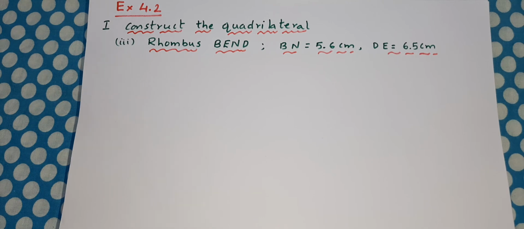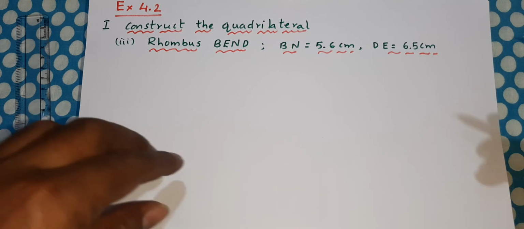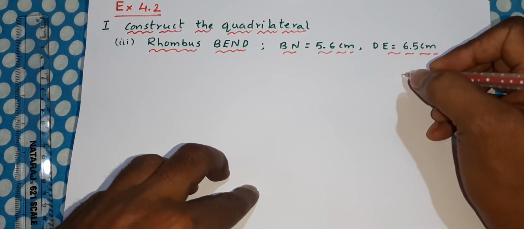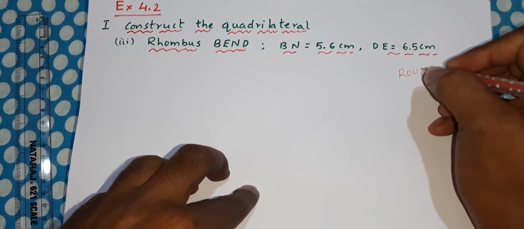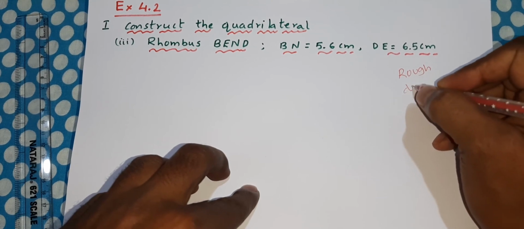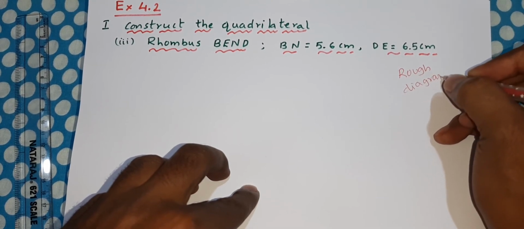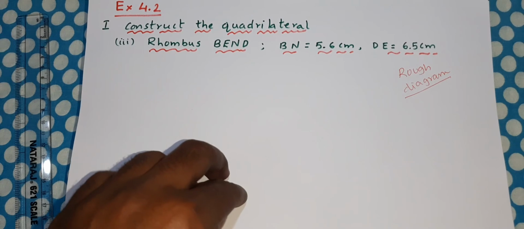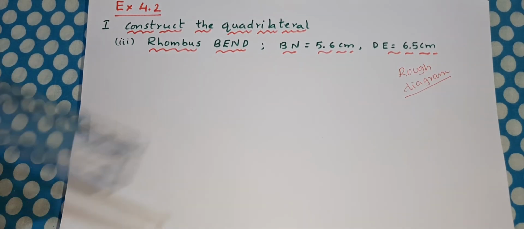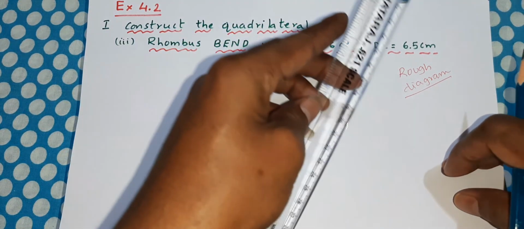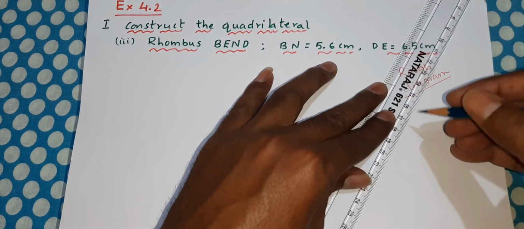First of all, draw the rough diagram. Generally a rhombus looks like a kite.